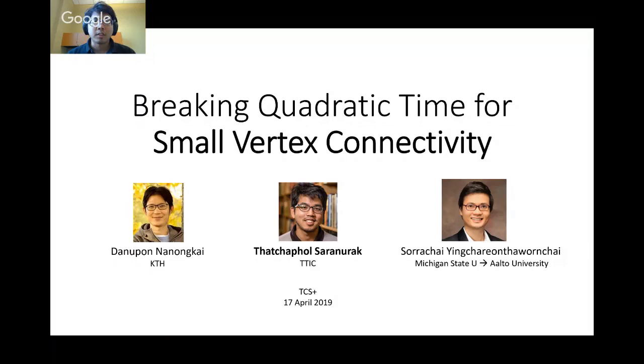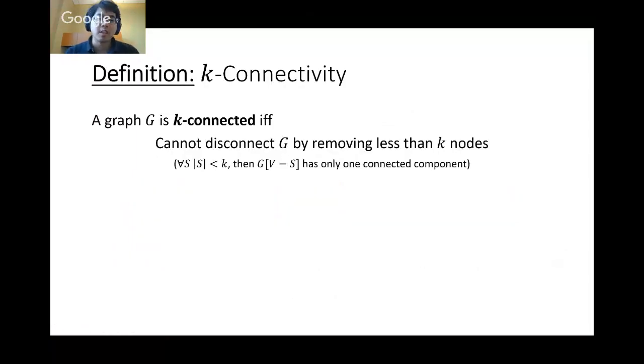So to start, let me tell you the first definition, which is K-connectivity. We say that a graph is K-connected if we cannot disconnect the graph by removing fewer than K nodes.